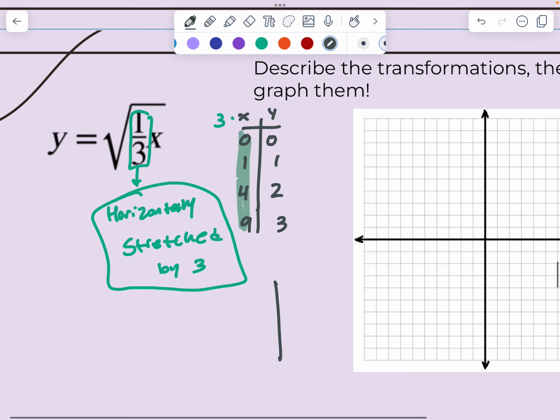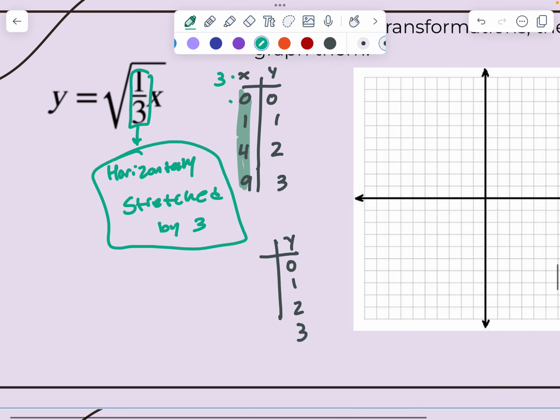Y values are untouched. Y values are unchanged. So 0, 1, 2, 3 stay the same. And then I'm going to apply this times 3 one at a time. 0 times 3 is 0. 1 times 3 is 3. 4 times 3 is 12. 9 times 3 is 27. Looks like I won't be able to graph that last point.